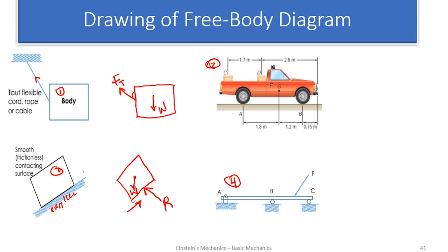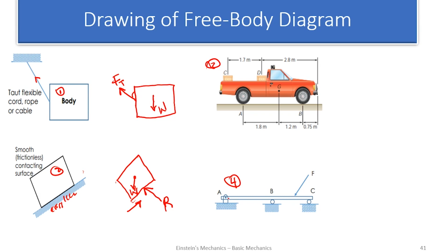We have a pin here, and this is a roller. How do we represent the forces over there? If it is a pin, it is going to have two reactions, in the x coordinate and in the y coordinate. And if it is a roller, it is going to have an upward reaction. Are we good? Let me indicate it here.